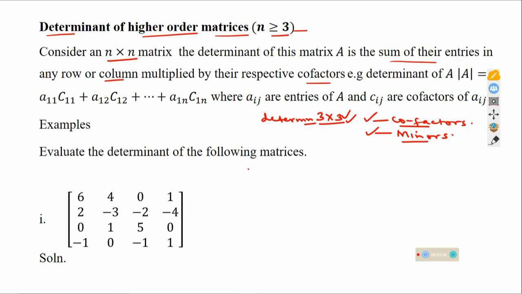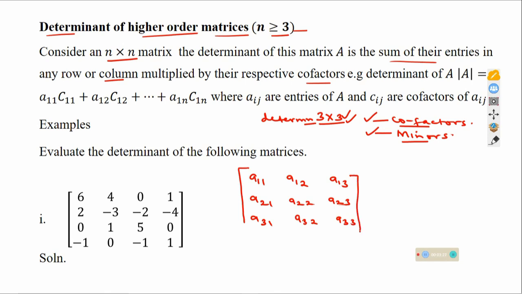We are saying if you are having, for example, we'll take an example of a 3 by 3, a11, a12, a13, a21, a22, and a23. Then a31, a32, and a33.